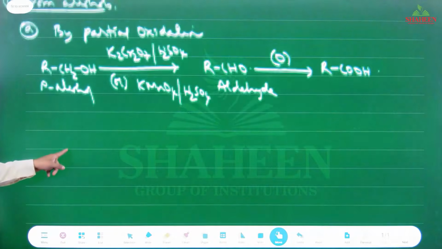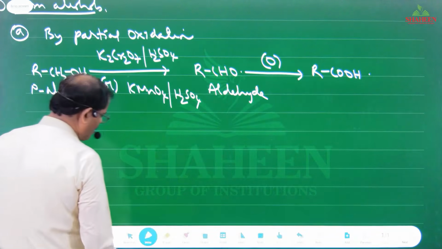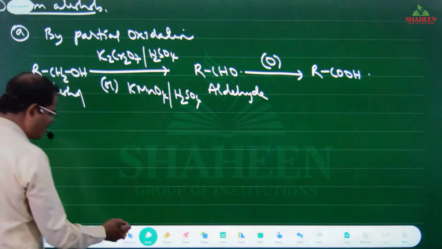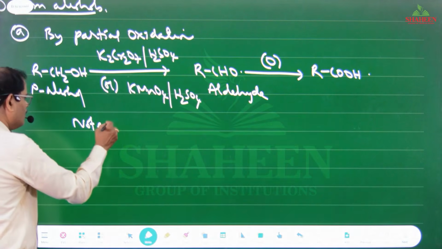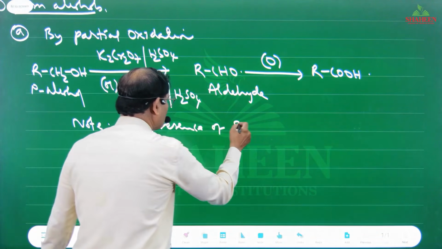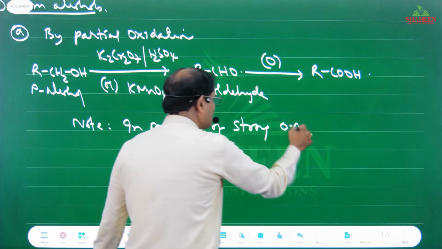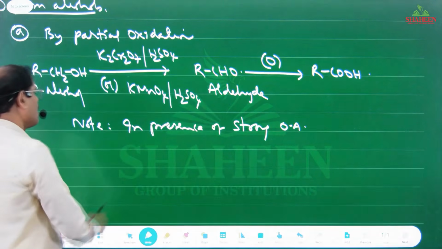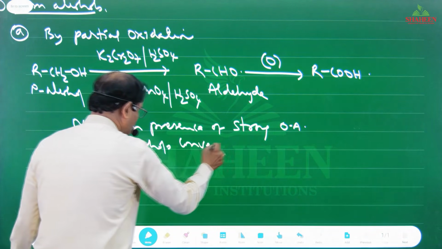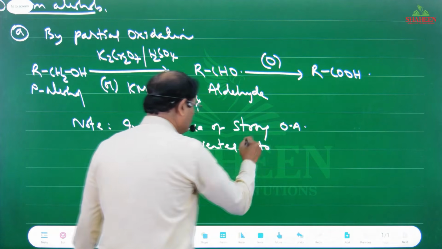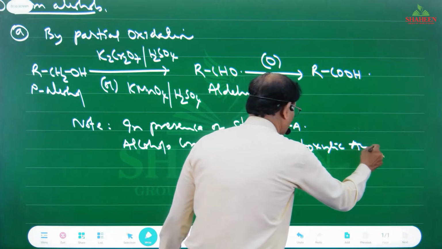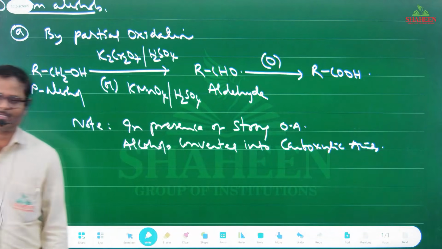That is why we need to stop the further oxidation of the carbonyl compound that is produced. For that purpose, we need to use a weak oxidizing agent, or simply mild oxidizing agents. Take a note: in the presence of strong oxidizing agents, alcohols are converted into carboxylic acids, which are the final products.